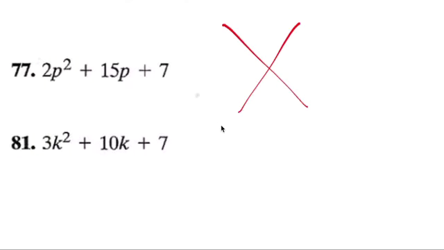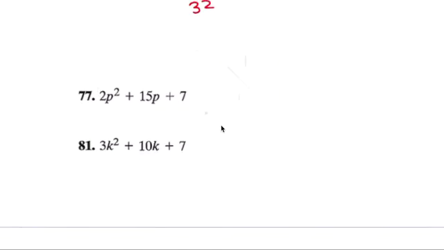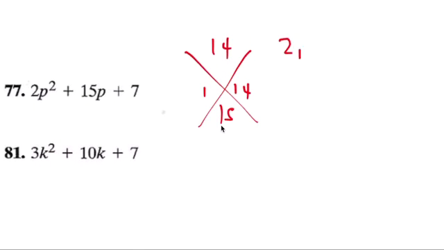Okay, A and C is 14, 15, 1, and 14. There you go. And then do it by grouping. So 2p plus 1, p plus 7, 14p plus 7. So factor by grouping.